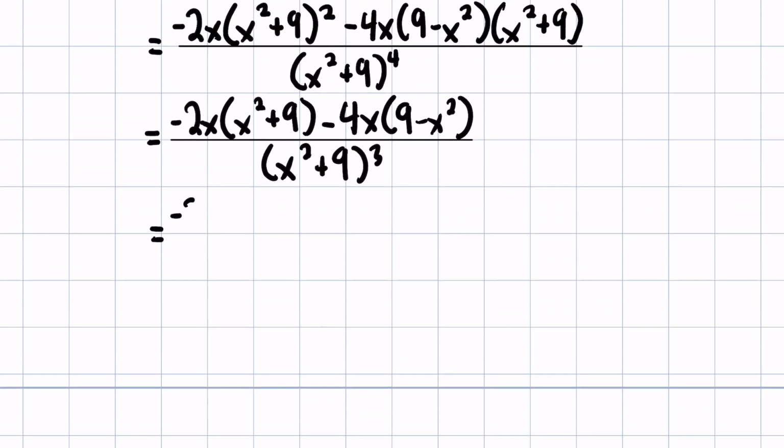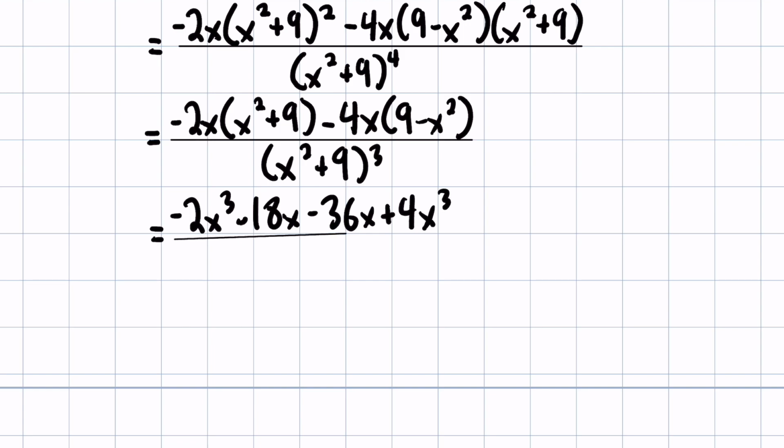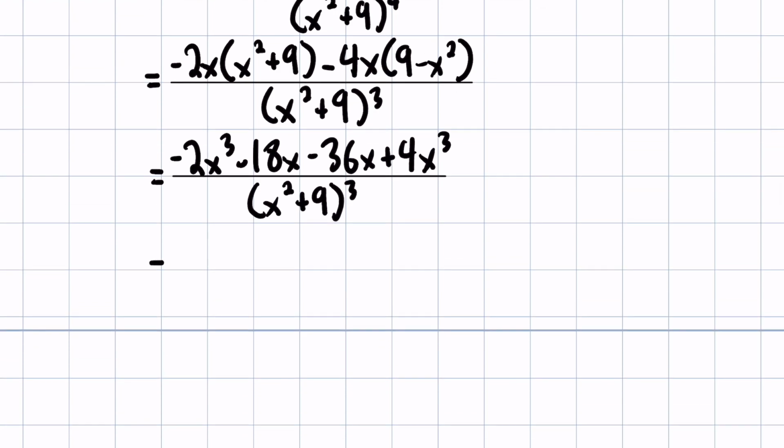So we get negative 2x cubed minus 18x minus 36x plus 4x cubed over that same denominator. And then we can combine like terms. And here's what we end up with for our second derivative.